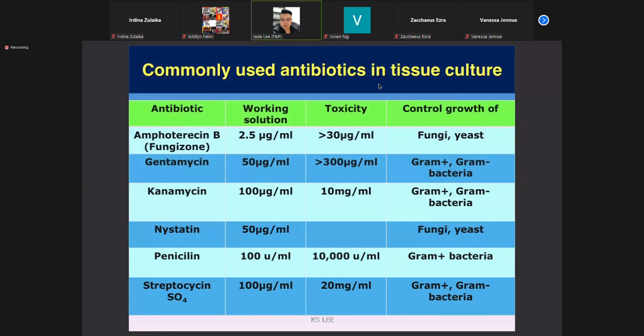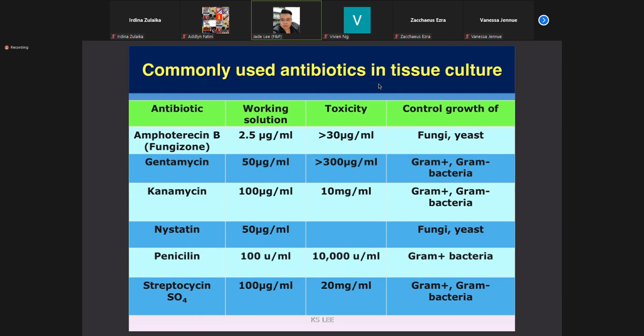These are the commonly used antibiotics in tissue culture, such as amphotericin B, also commonly known as Fungizone, which is very useful to treat fungal and yeast infections. The working concentration is 2.5 micrograms per liter, and if you use too much, exceeding 30 micrograms per liter, it will cause toxicity to the cell. Antibiotic is good, but too much will be toxic to the cell.